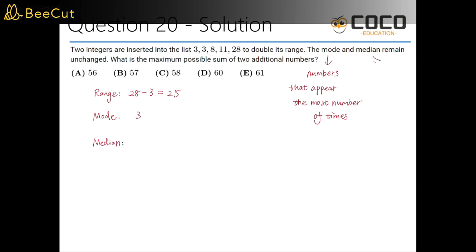And the median is just the middle number when you arrange it from the smallest to the largest. And here we have 5 numbers, so the middle number is 8. So we want to double the range. Now the range will become 50, 25 times 2. And the mode remains the same, it's the number 3. The median remains the same, that's the number 8.